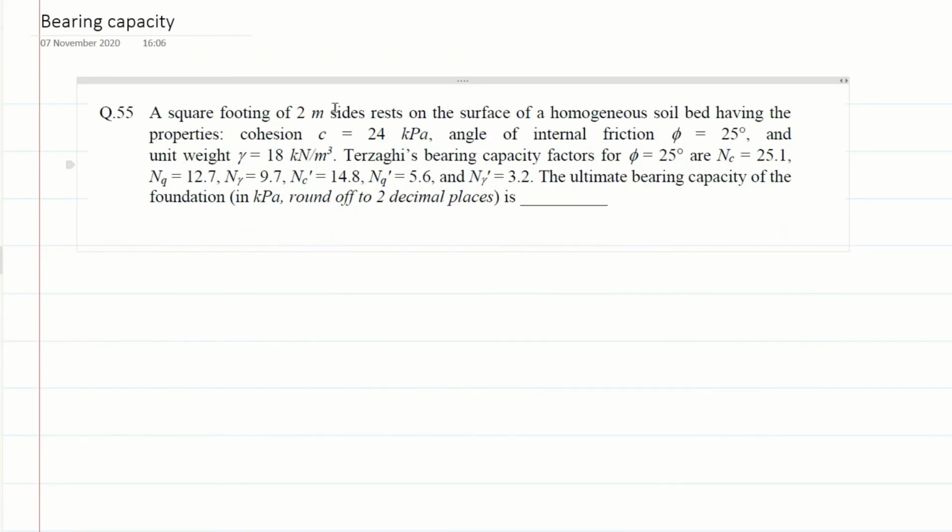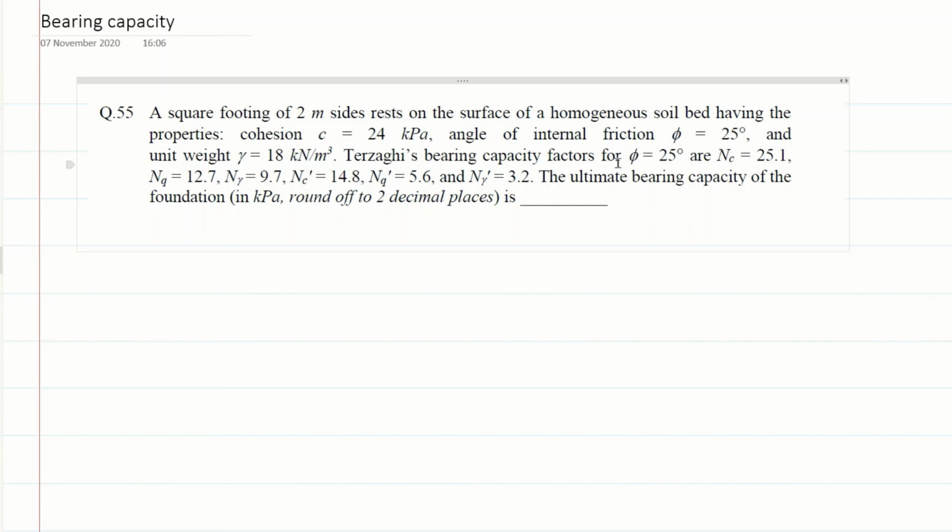A square footing of 2-meter sides rests on the surface of a homogeneous soil bed having the following properties: C equal to 24 kPa, angle of internal friction phi equal to 25 degrees, and unit weight gamma equal to 18 kilonewton per meter cube.